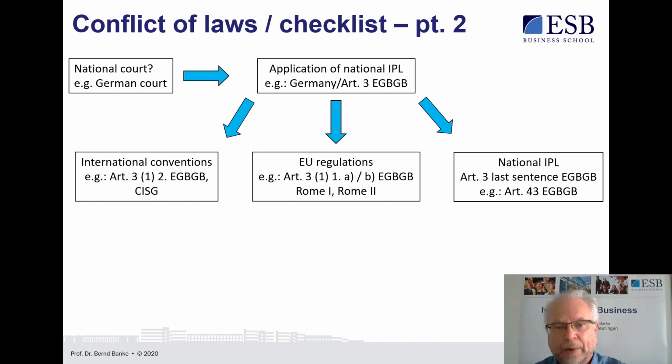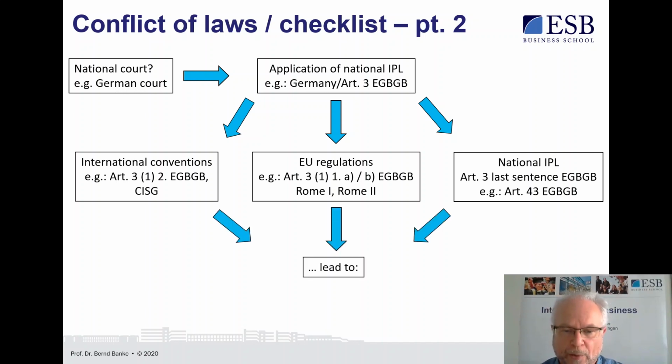They will apply one of these three possibilities and then figure out which laws they will have to apply. And these three possibilities will lead the court to some kind of substantive law now: the French civil law book, the German civil law book, the civil law book of Singapore, or some kind of case-law-based system or whatever.